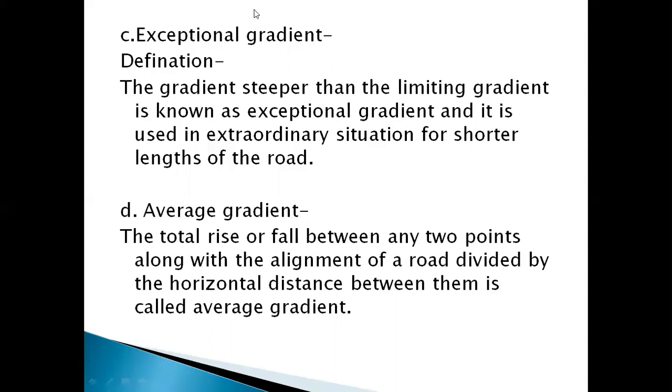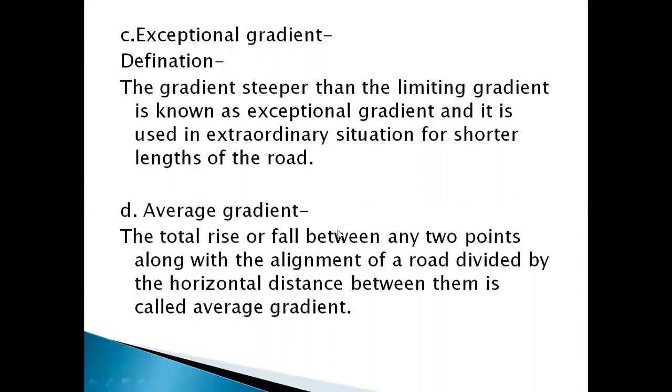Now, for better understanding of what the average gradient is, see the example. Consider 1 meter distance of road. In this 1 meter, the total rise or fall, or the ups and downs of the road along its alignment, is divided by the horizontal distance of the road.